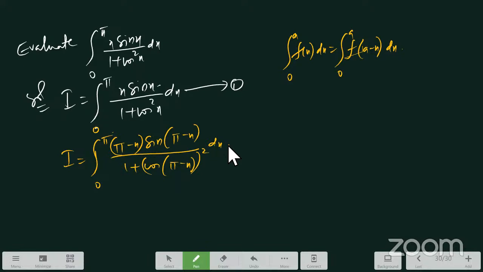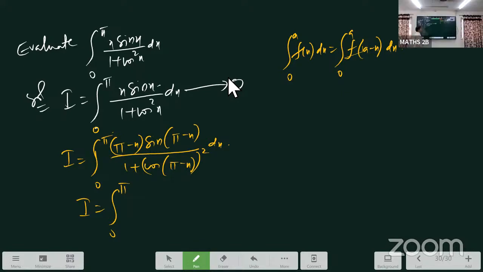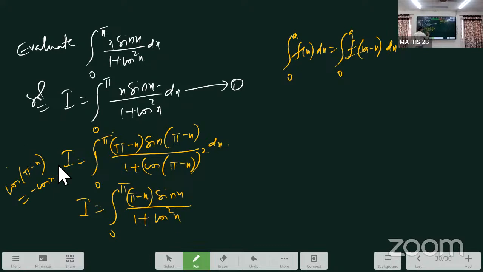Your cos square x or cos x whole square both are the same. Sine of 180 minus theta is sine theta, and cos of 180 minus theta is minus cos theta, but because of the square again it becomes plus. So this is dx, and this you will put as equation 2.